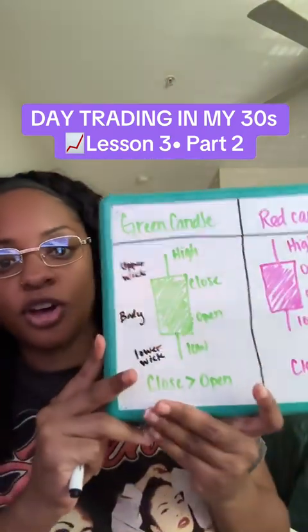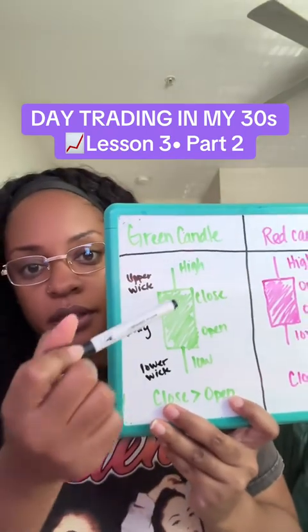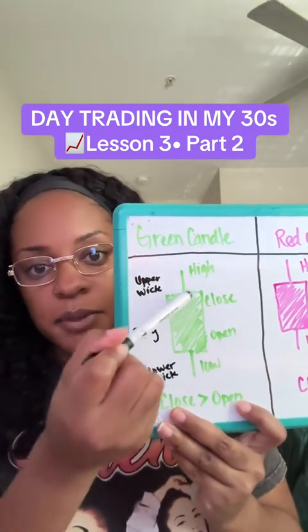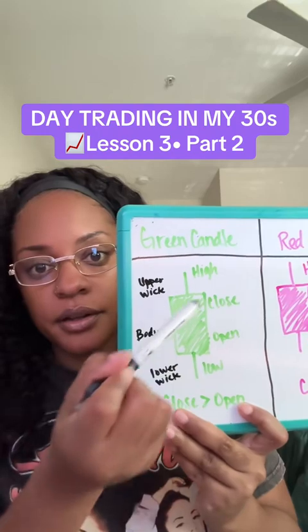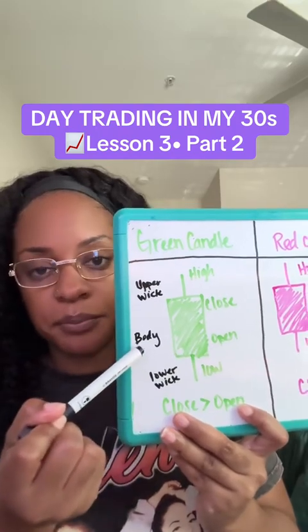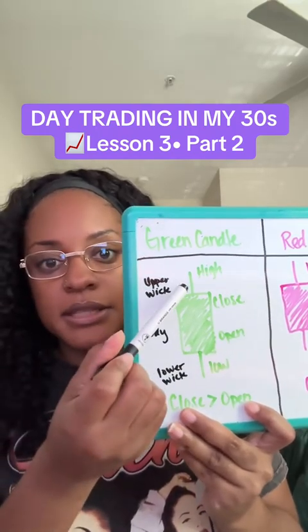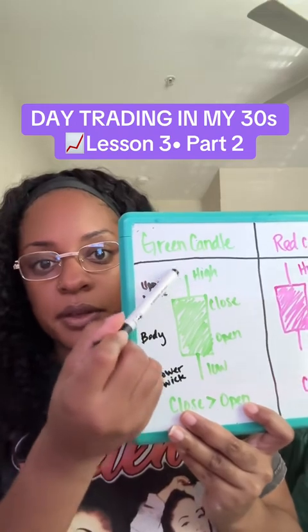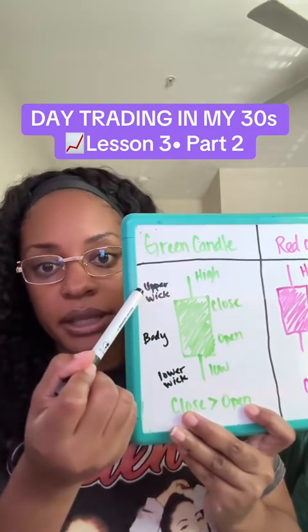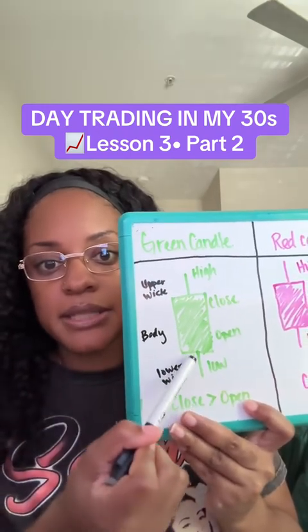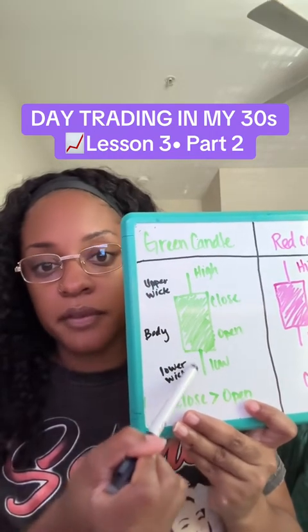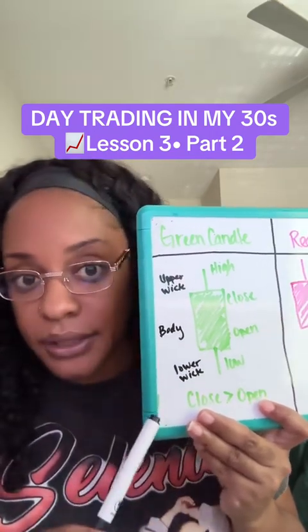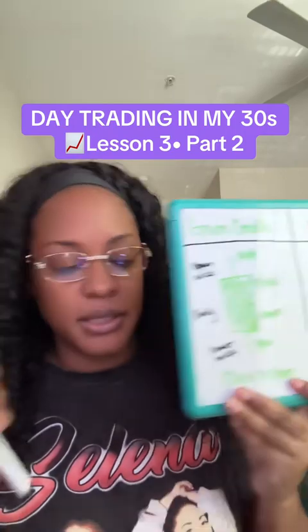And I'm going to give you a quick overview. This big rectangle part here is called your body. This stick that's sticking out the top of the body is called your upper wick. And then this stick sticking down at the bottom of the body is called the lower wick. And you're going to understand what that means. All right.